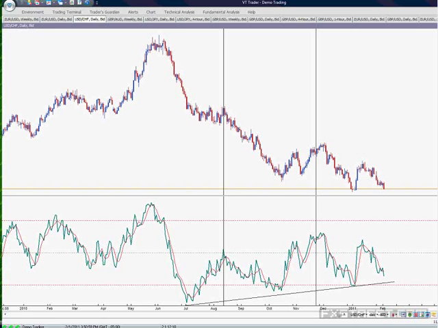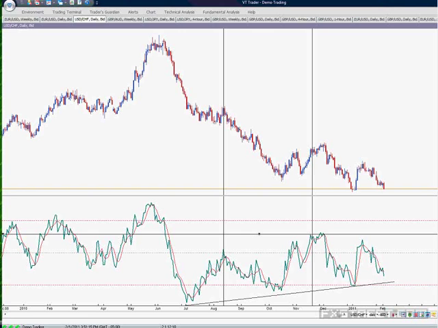Now, I don't really like that this broke above 60, but I like that it came back below 60 right after breaking it. So that's 60 right there. And you see the RSI making a higher high, but your price high is much lower.